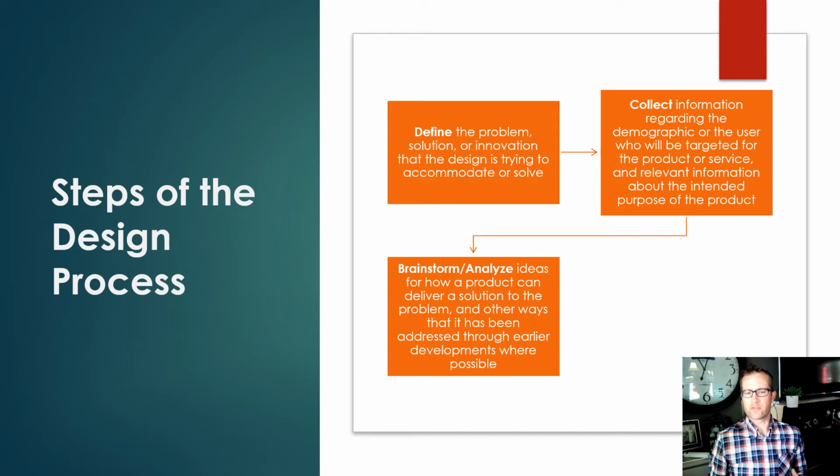Next, you move on to the brainstorming and analysis stage. So you want to come up with as many ideas as you can for how a product can deliver a solution to the problem. And you can look at other ways that it's been addressed through earlier developments where possible. And that's where innovation in technology happens, where we are just trying to make something more efficient. We always have to start with a foundation on some level that we're going from.